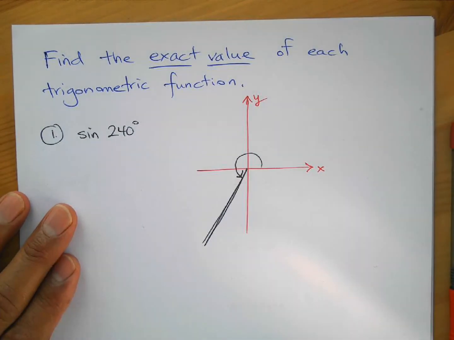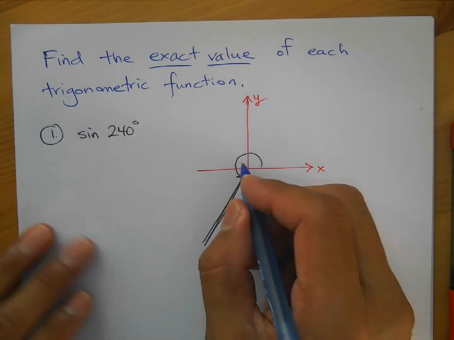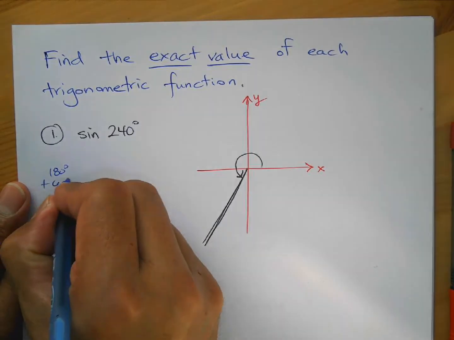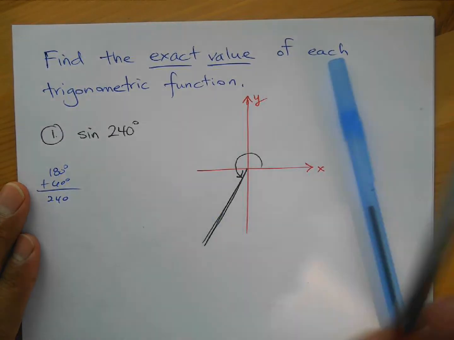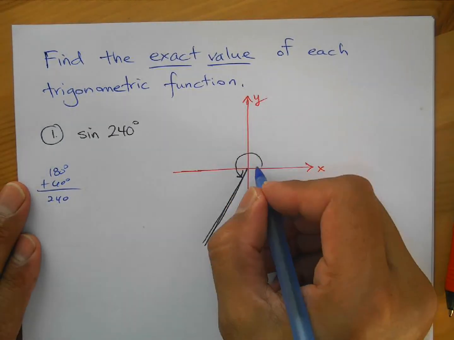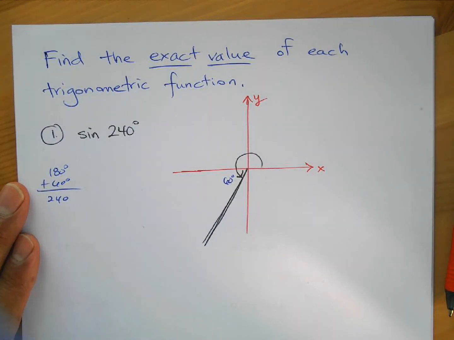This reference angle is either going to be a 30, a 60, or a 45. In this case, it's what? 180 plus 60. 180 plus 60 is 240. You're only dealing with these special right triangles for these specific angles. So I know this is 60 degrees. Okay?